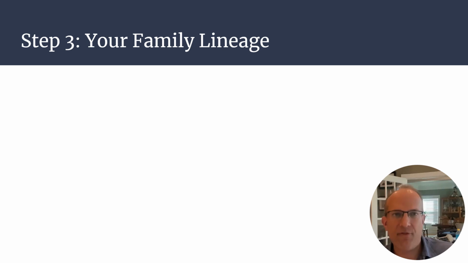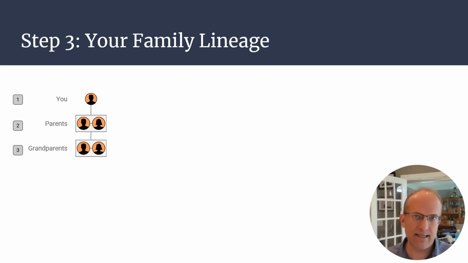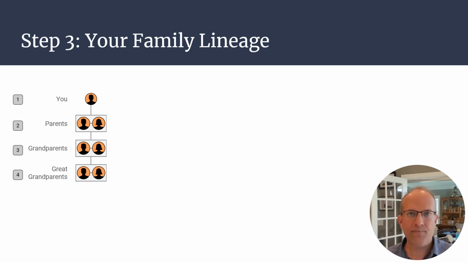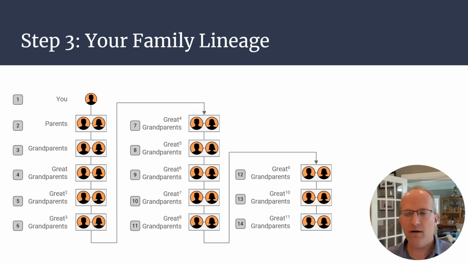Now, this step 3 is really where you start from you and you start filling out all the information about yourself, your parents, your grandparents. Again, trying to stay on that Wyckoff line because that's what this is all about. Your great grandparents and so forth, going as far up the line as we need.